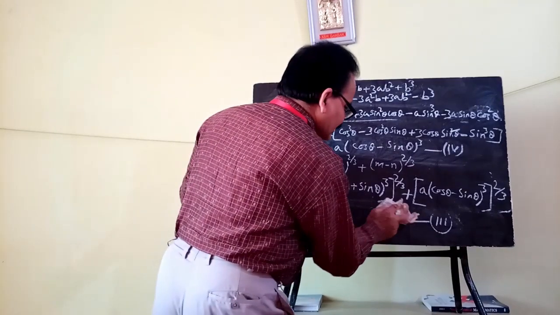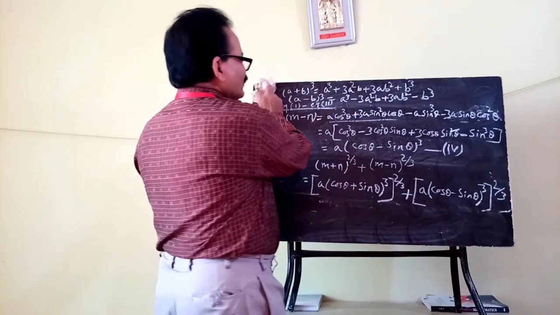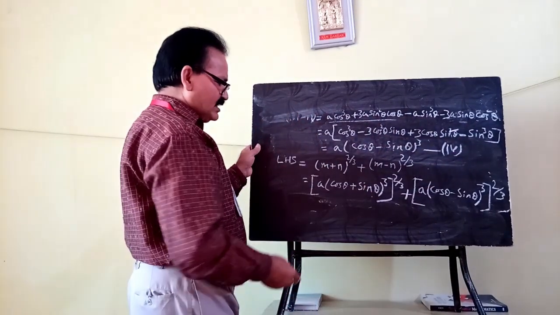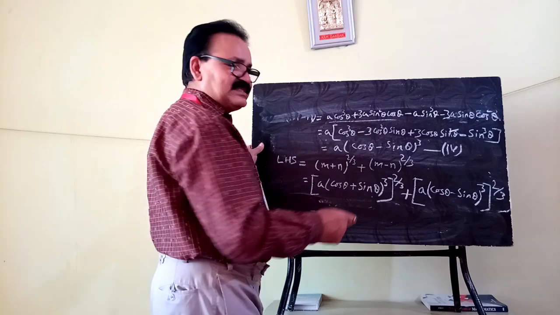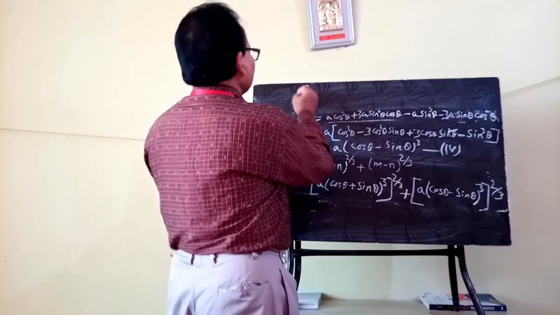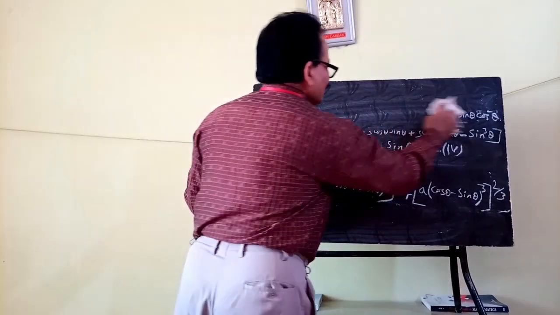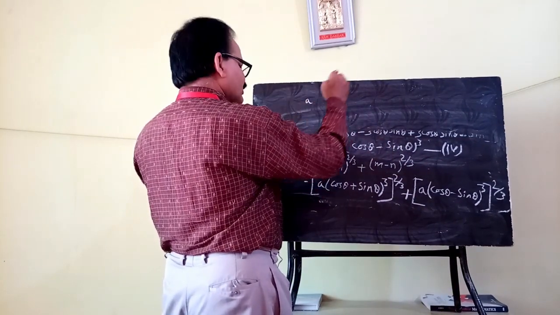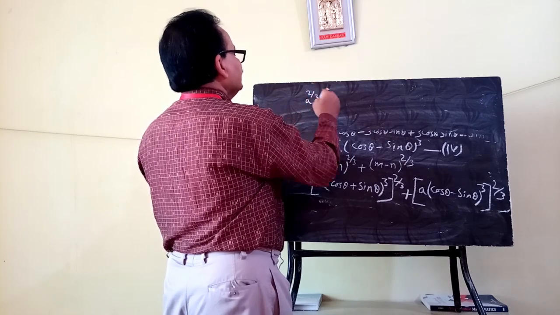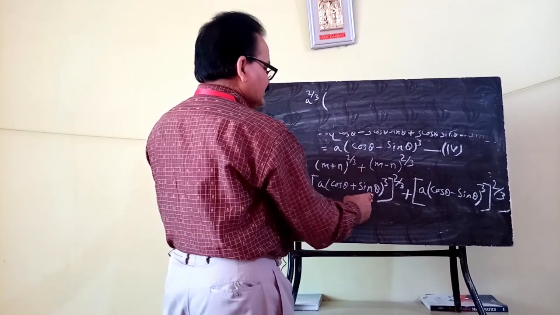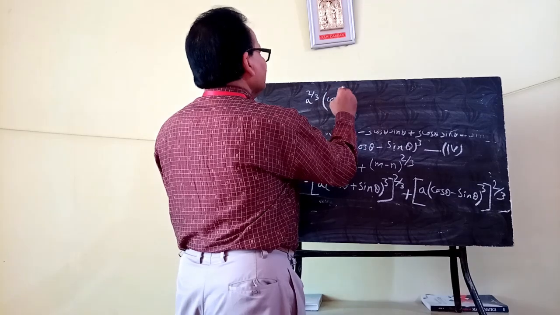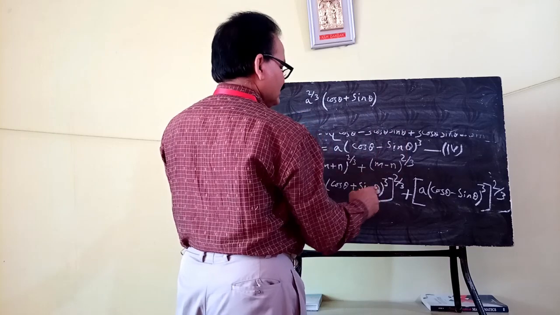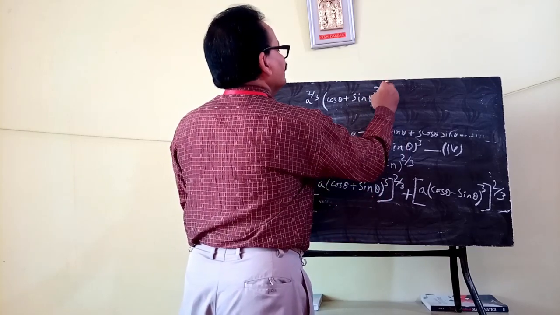Now after that what you have done, after this term, now you use the power law. For using the power law, you have to multiply the powers together. So this part is a to the power 2 by 3, and under bracket cos theta plus sin theta whole to the power 3 into 2 by 3.